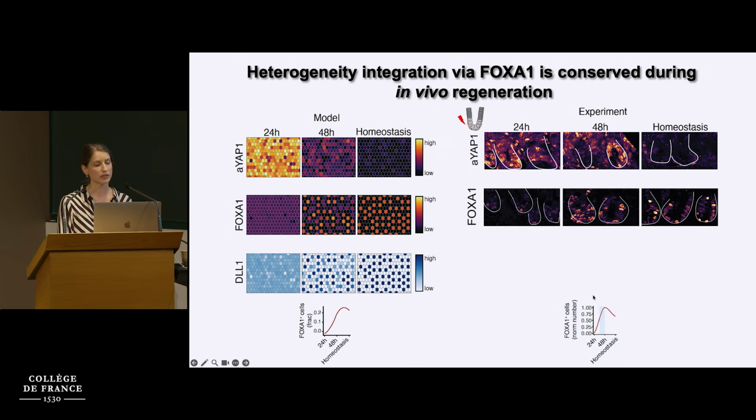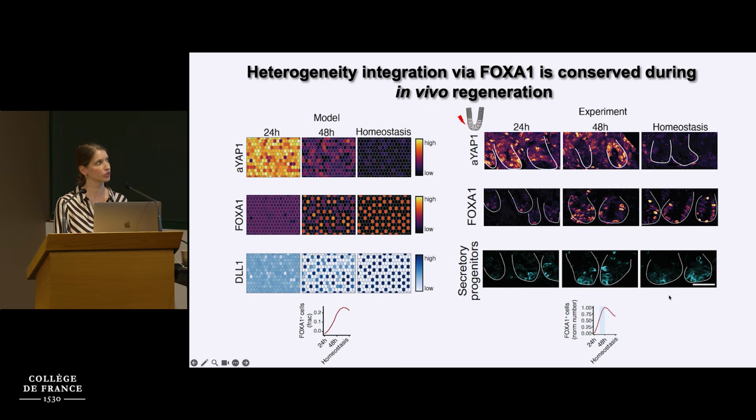Indeed, we also see this peak of FOXA1 at 48 hours. And importantly, at the time point where the tissue reaches homeostasis, the patterning of the secretory progenitors is maintained, even though YAP is already downregulated. This is also in line with the bistability that I mentioned prior in the organoid system. And so, okay, this is more like what happens during regeneration in a wild-type case.